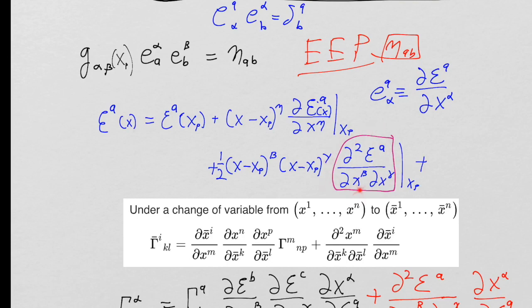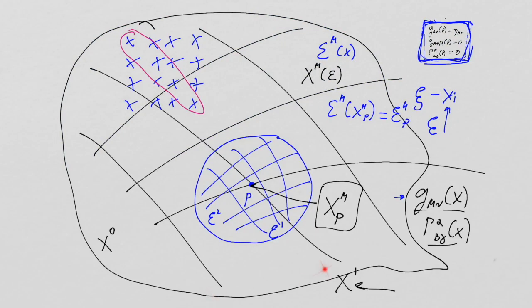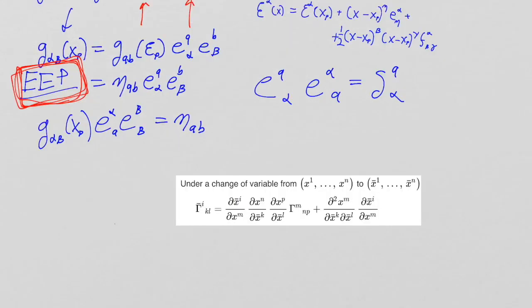And the reason we fixed this term is because we know we have our coordinate system in X. You may remember this is a picture from the last lesson. Our coordinate system at X, we know what the metric is in that system, and we know what the connection is in that system. So if we know the connection at that system, then we certainly know what the value of the connection is at P. We know the value of the metric at P, right?